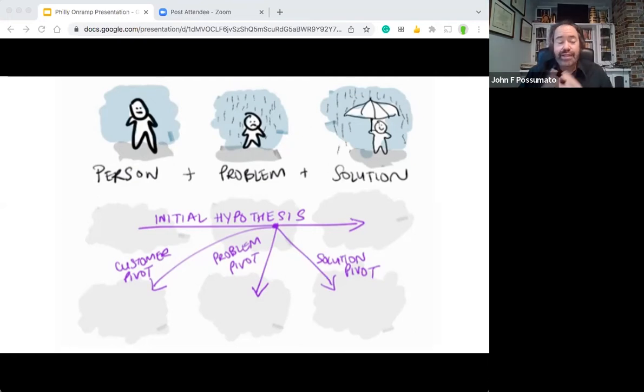Or look, I just got it wrong, I'm just going to end this thing entirely, versus a pivot to say, okay, maybe I didn't get the problem exactly right, or maybe I didn't get the customer exactly right, I'm going to try another iteration. How many times do you do that in the process? And just in your experience, what comes out as the final idea? How often does it look like the original assumption? Just kind of your observation on that.